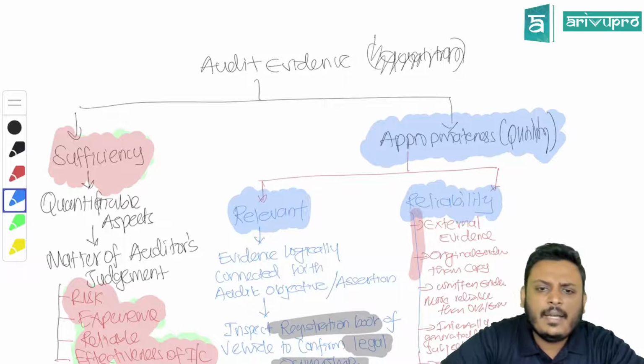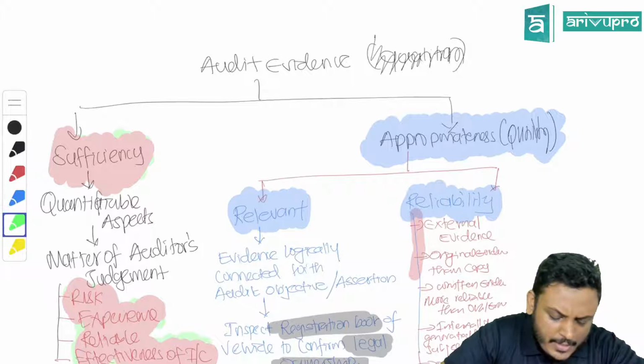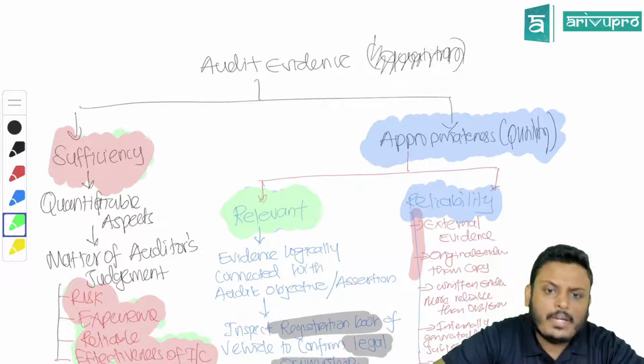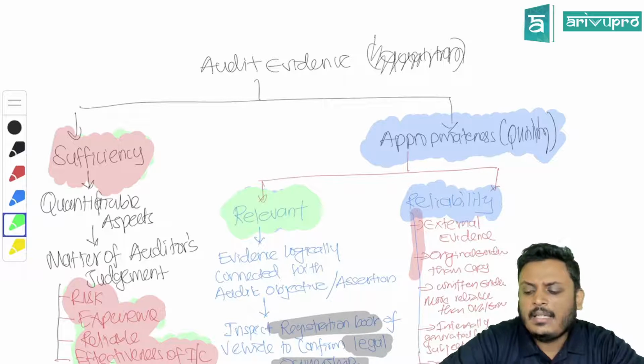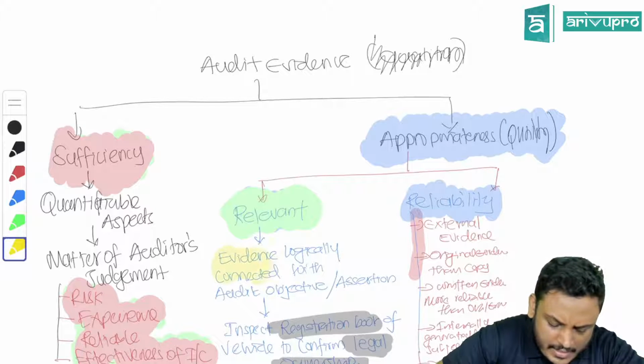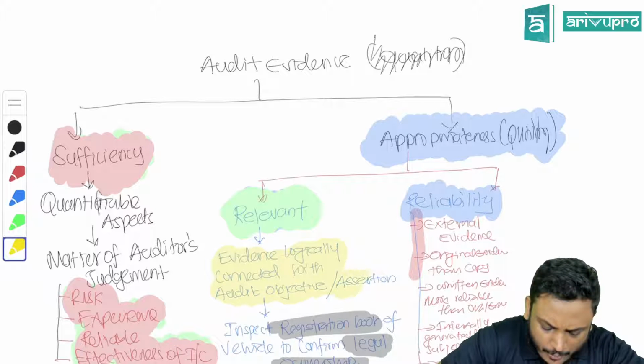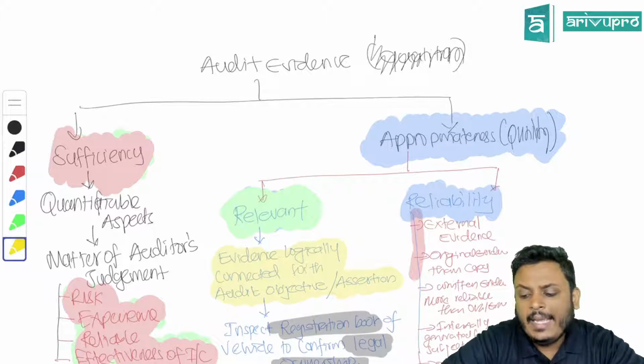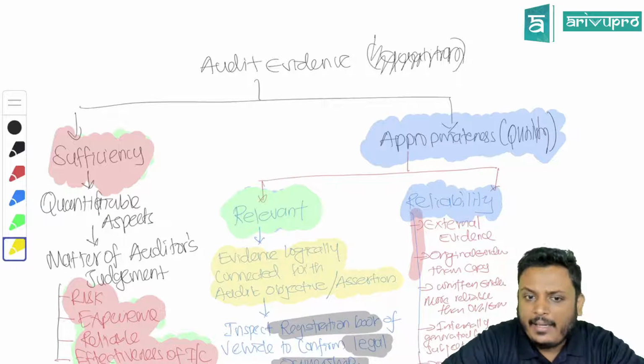So what is meant by the term relevant? The term relevant, simply I can say, is evidence that is logically connected with audit objectives or assertions.